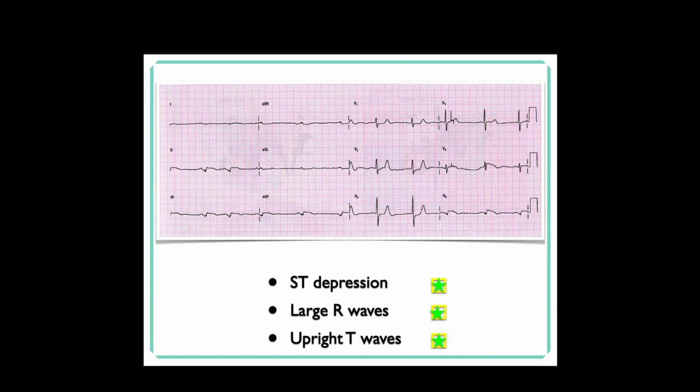Okay, thank you. A few slides ago, it said that large R's qualify if bigger than the S wave. Are we going by that, or just the presence? I was wondering on your last one if that's why you haven't selected it. You can use that. Certainly if it is bigger than the S wave, then it counts.